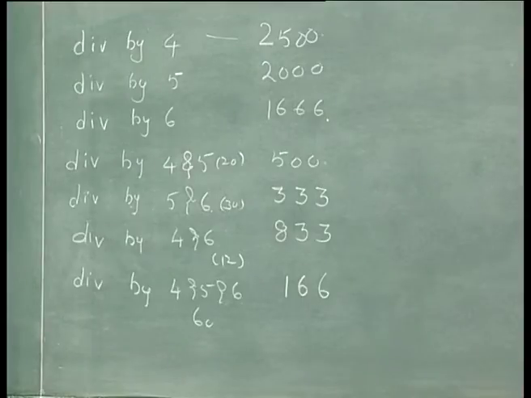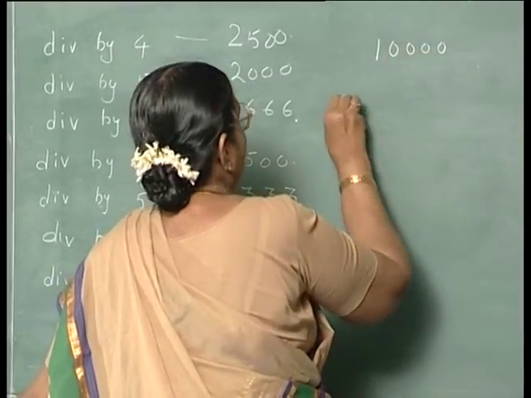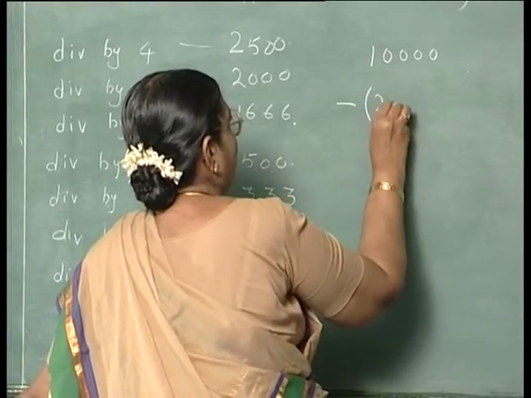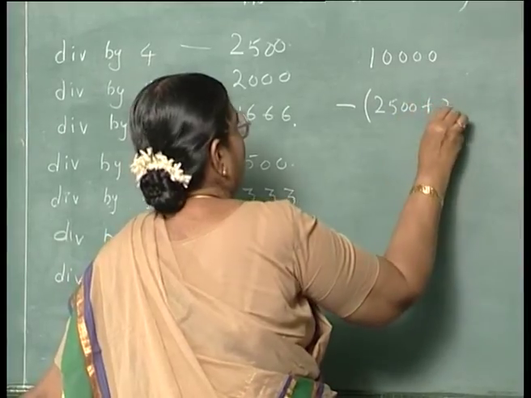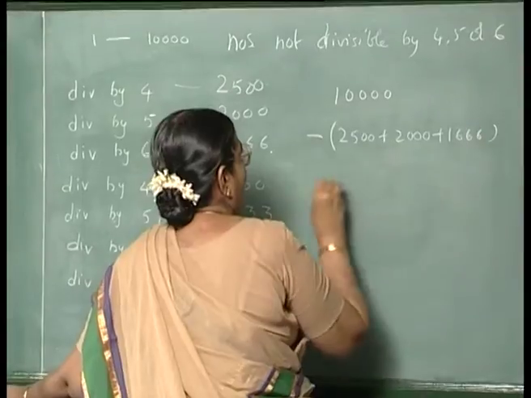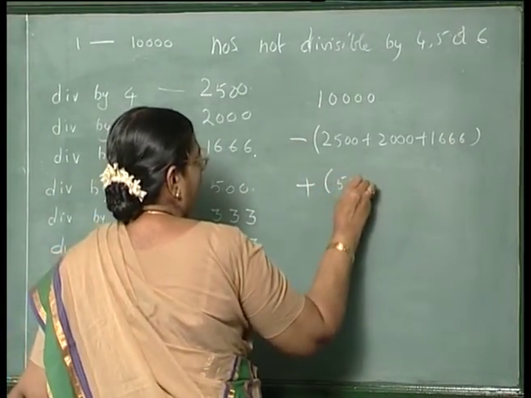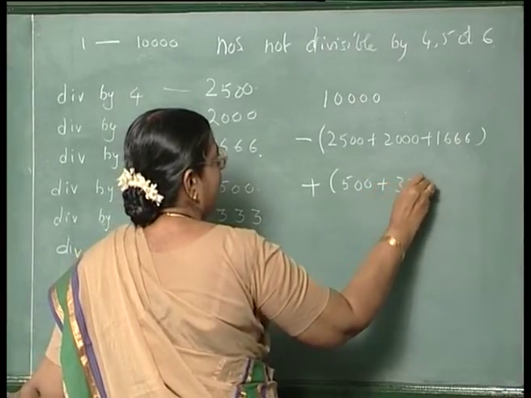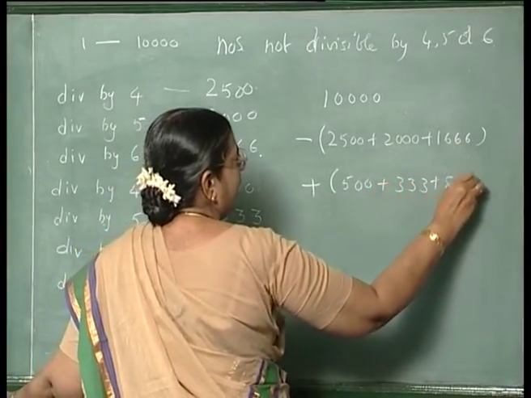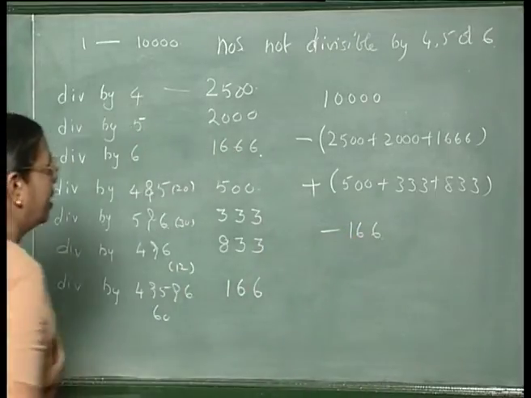So, the answer, numbers not divisible by 4, 5, 6 is from 10,000 you have to subtract the sum of 2,500 plus 2,000 plus 1666, but add these 3, that is 500 plus 333 plus 833, and then again subtract 166.